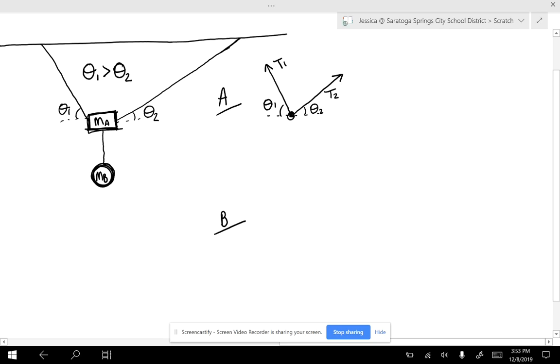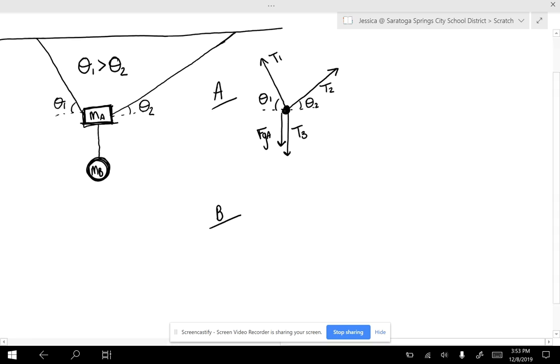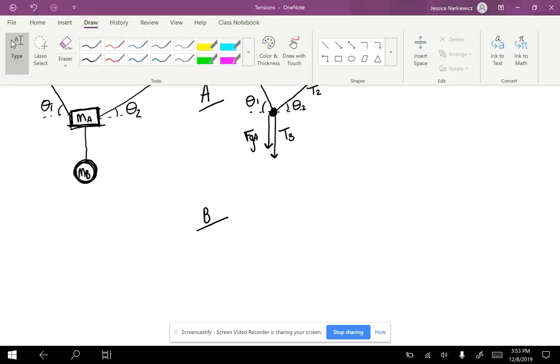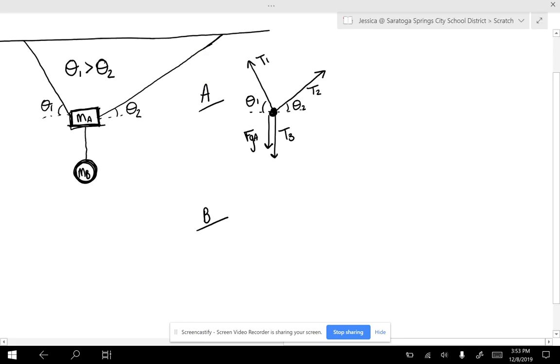Also acting on mass A, we have a downward force of gravity of A and a downward tension T3. Okay. So T1 and T2 need to be broken up into components very similarly to the previous example because we're given angles with the horizontal. Okay.